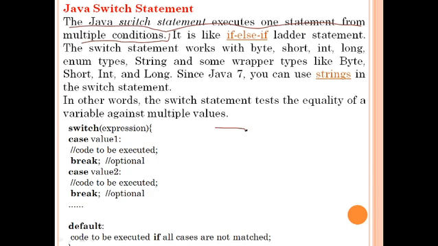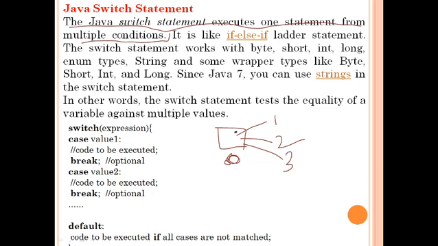For example, suppose a variable is here, and the name of the variable is O. Here we can put value 1, also we can put 2, also we can put 3.